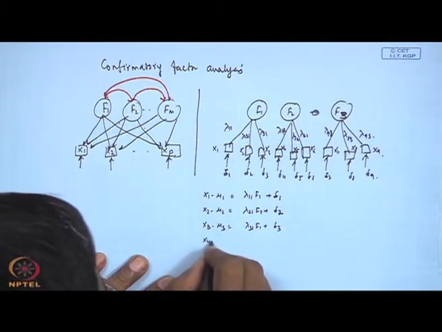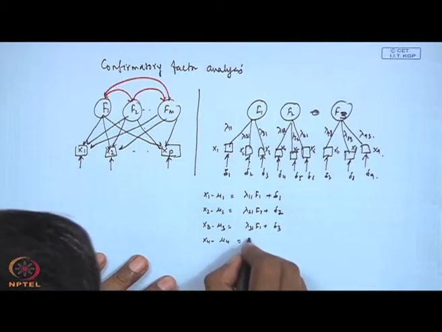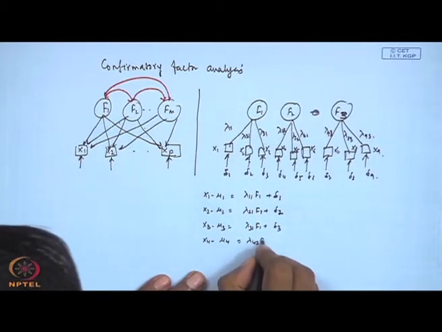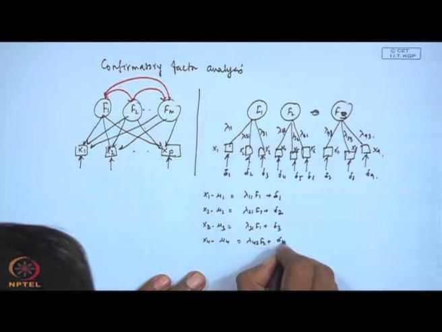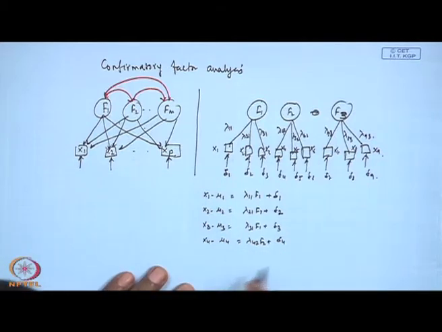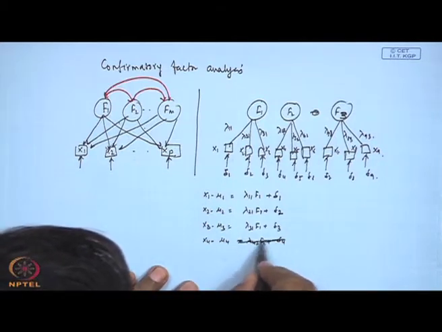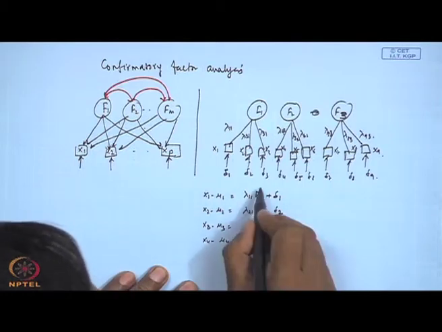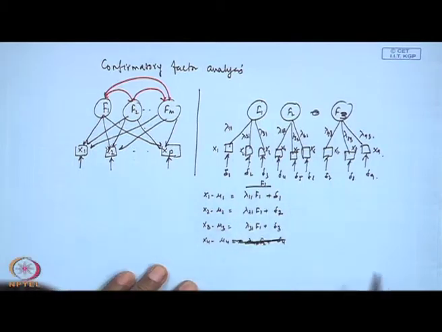Now x4 minus mu 4 will be lambda 4 2 f2 plus delta 4. Let me do a little manipulation here. This is related to f1.